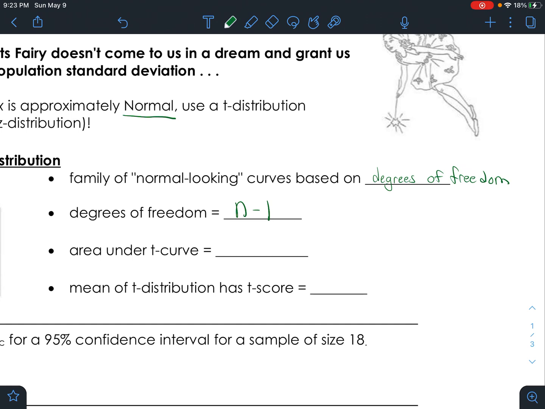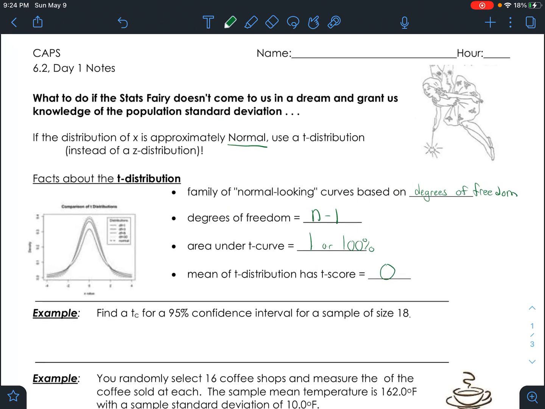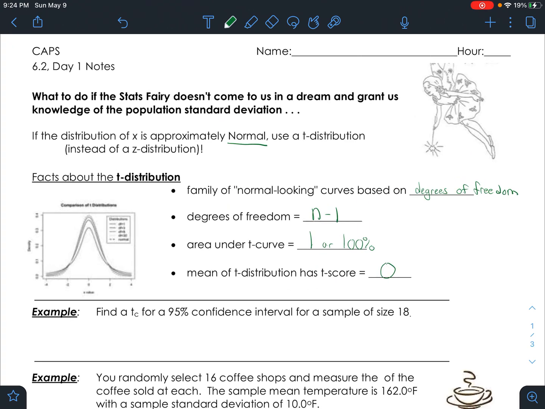The area under the t-curve is 1 or 100%, just like the z-curve or the normal curve, and the mean of the t-distribution has a t-score of 0, just like how the mean of a normal distribution has a z-score of 0 as well. So it's going to behave very similarly.